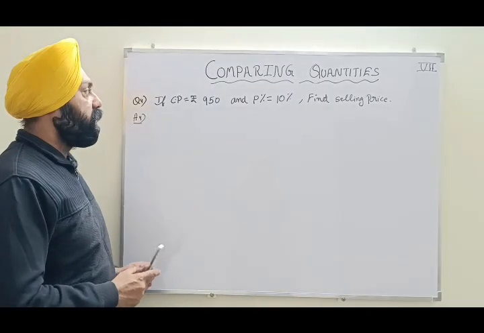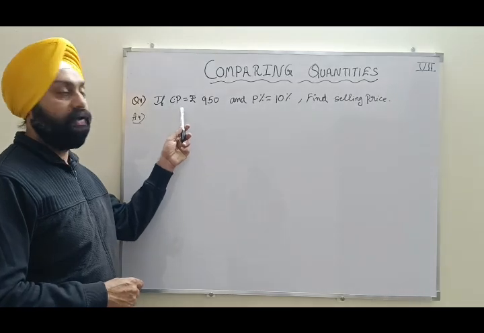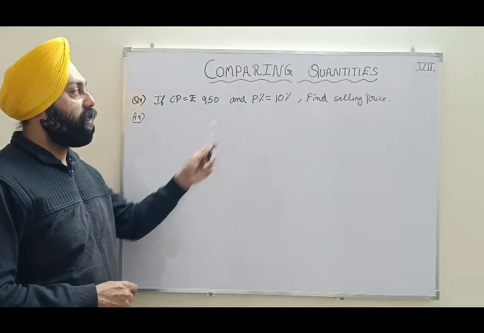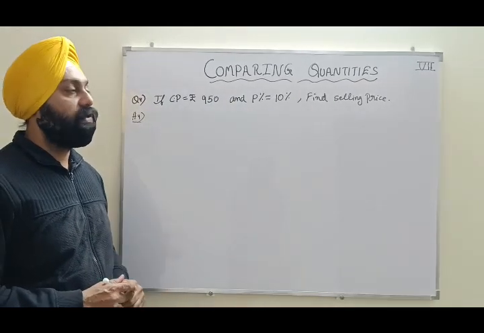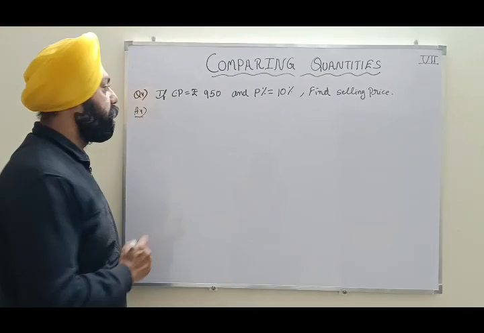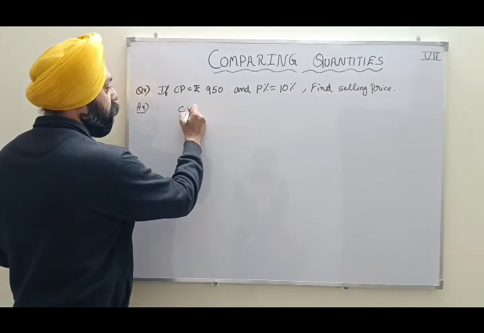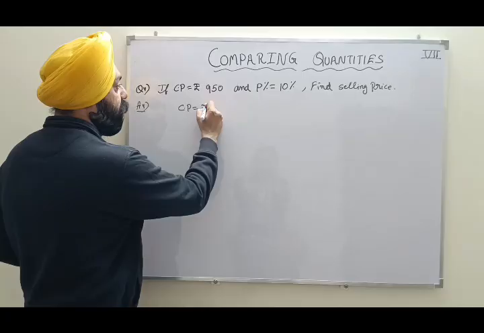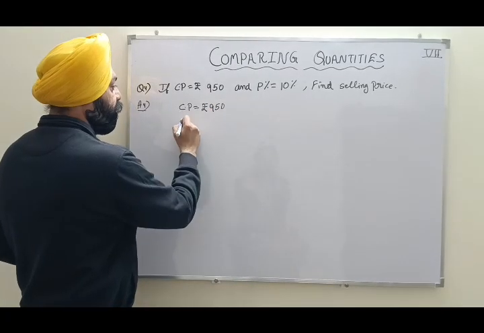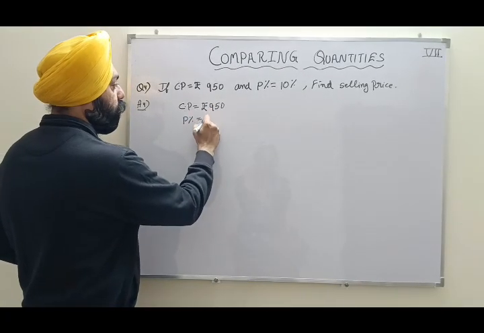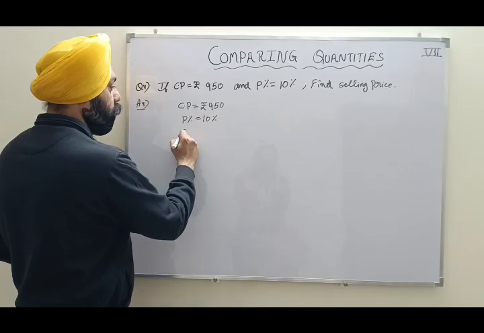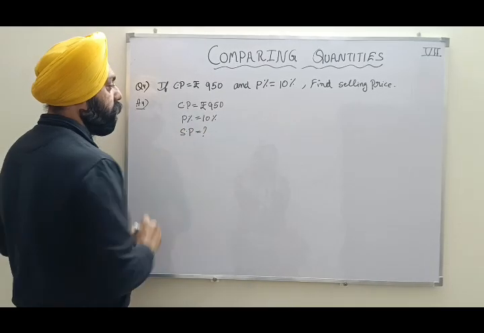So our fourth question is, if the cost price of an article is rupees 950 and the profit percent is given as 10%, we have to find the selling price. So again, we have to write what is given in the question, and what we have to find as question mark.